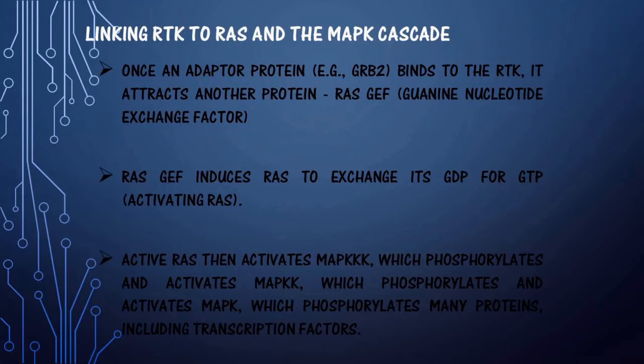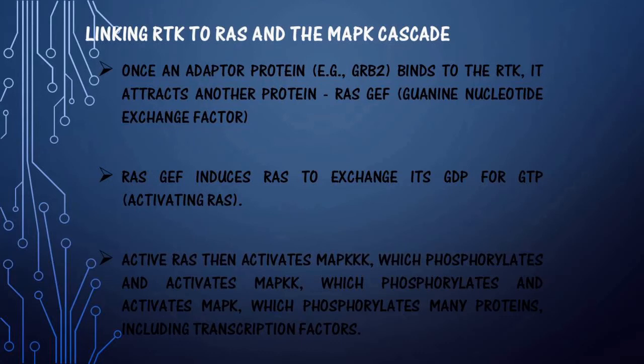The receptor tyrosine kinase is linked to a RAS protein and the MAPK cascade. MAPK is mitogen activated protein kinase. Once an adapter protein binds to the RTK, it attracts another protein called RAS-GEF, and the RAS-GEF induces RAS to exchange its GDP for GTP.